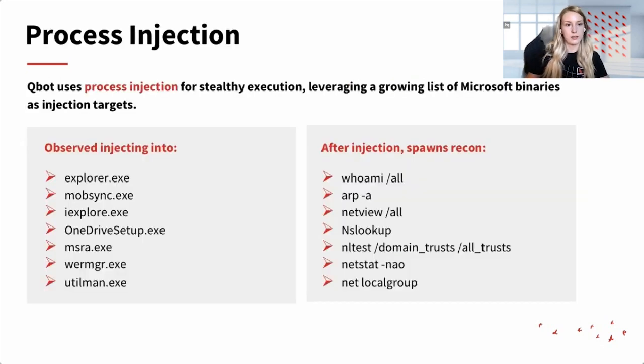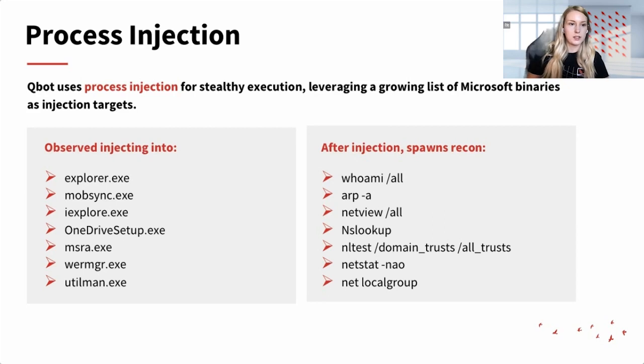Process injection of it, like I mentioned, lots of different Microsoft binaries that it'll target. And it actually will determine injection a lot of times based on the software on the endpoint, such as the antivirus software and the architecture, so if it's a 32-bit or 64-bit system. But not all of these targets have known circumstances.